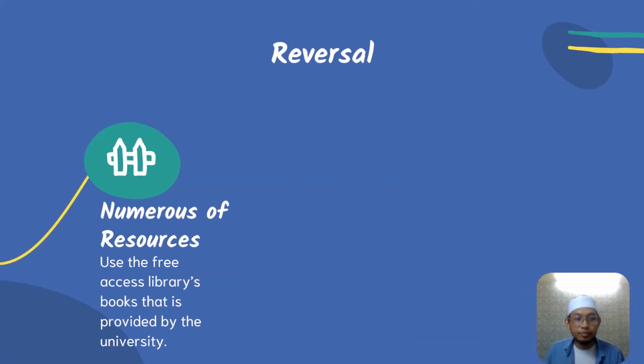And then the last part, numerous resources. We said before that they have easy access to the books, journals and theses. So how can they get the easy access?